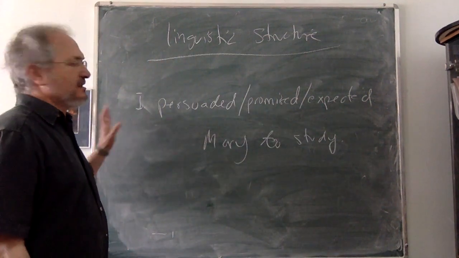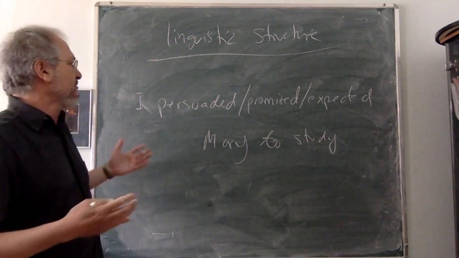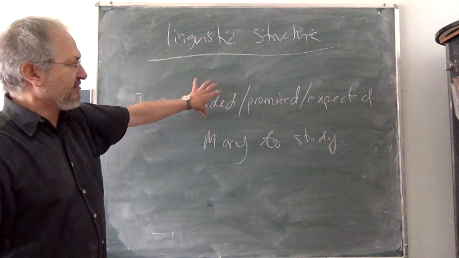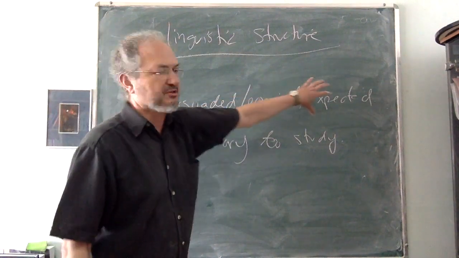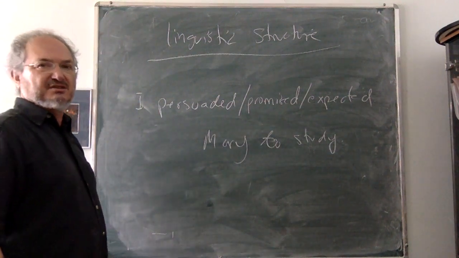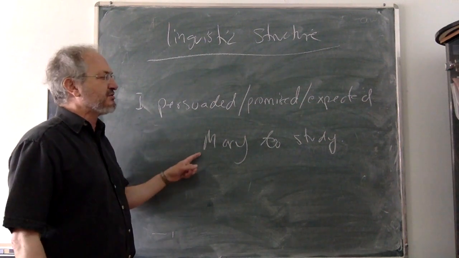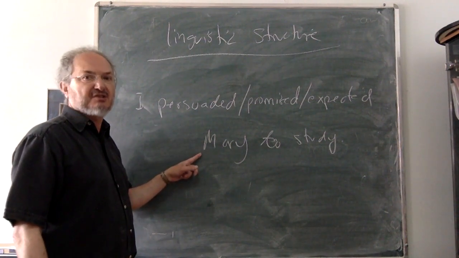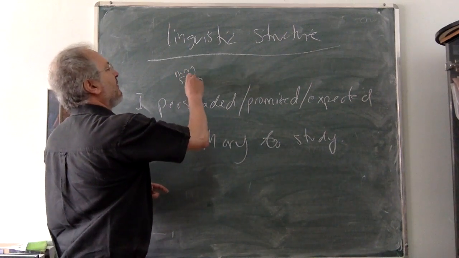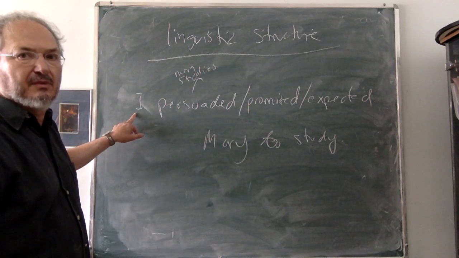And so you can look at this problem very syntactically. Say, well, the surface structure of this is pretty much the same. A subject followed by a verb, either persuade, promise, or expect, followed by Mary to study. So the surface structure, the syntax is pretty much the same, but when you use persuade, if the expression is I persuaded Mary to study, Mary is studying. Okay? If you say I promised Mary to study, I am doing the studying.